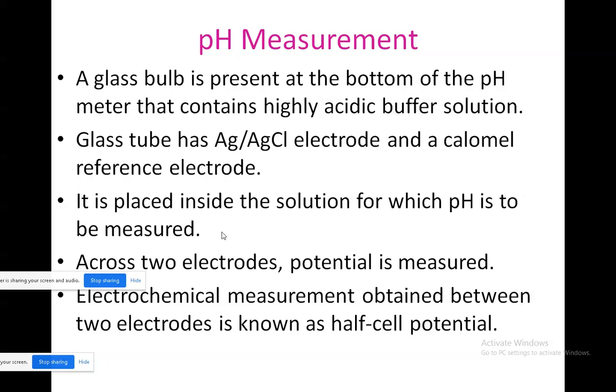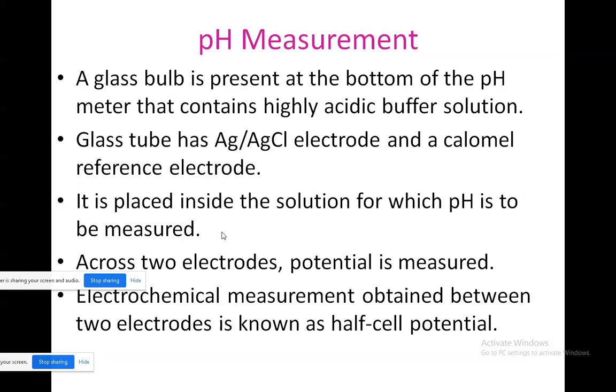The glass tube uses a silver chloride electrode and a calomel reference electrode. The silver chloride electrode is your active electrode, and the reference electrode is made up of calomel. It is placed inside the solution for which pH is to be measured.